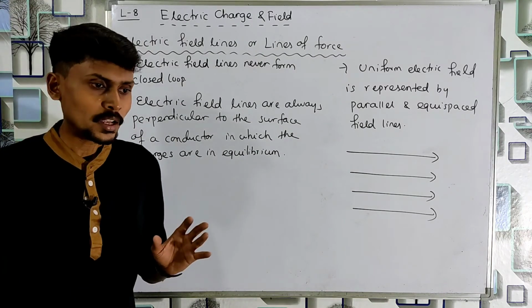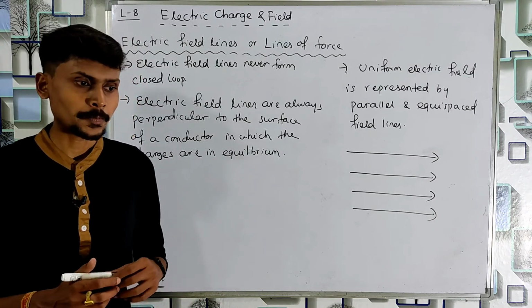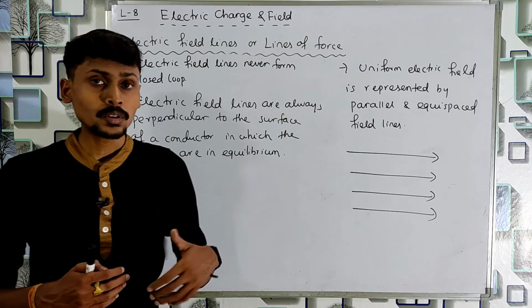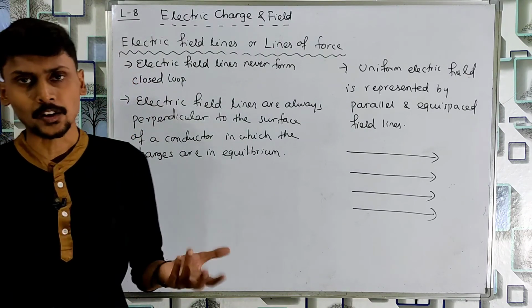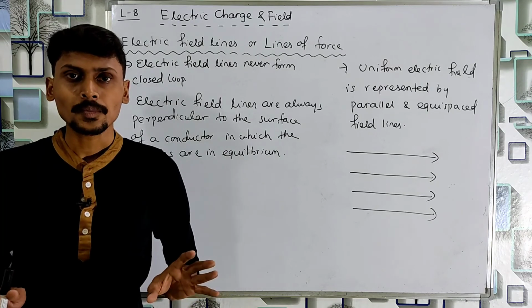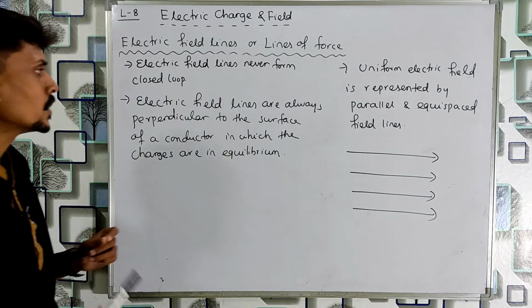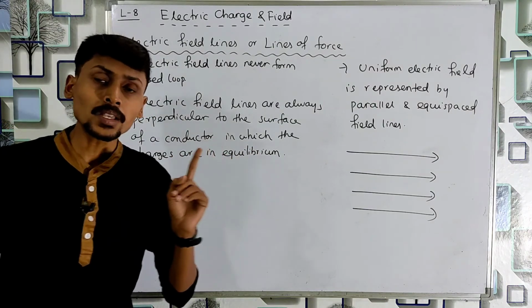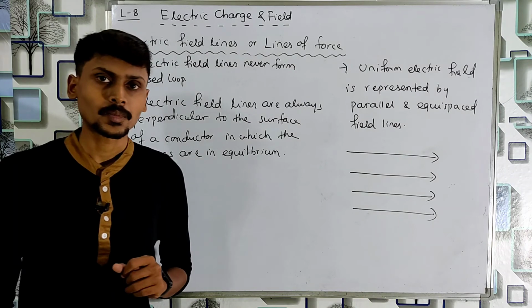What does that mean? If no current is flowing in the conductor, it means there is no net force on the charge particles. Charge particles basically means the free electrons. So if no current flows in the conductor, the charges are in equilibrium. In that case, electric field lines are always perpendicular to the surface of the conductor.